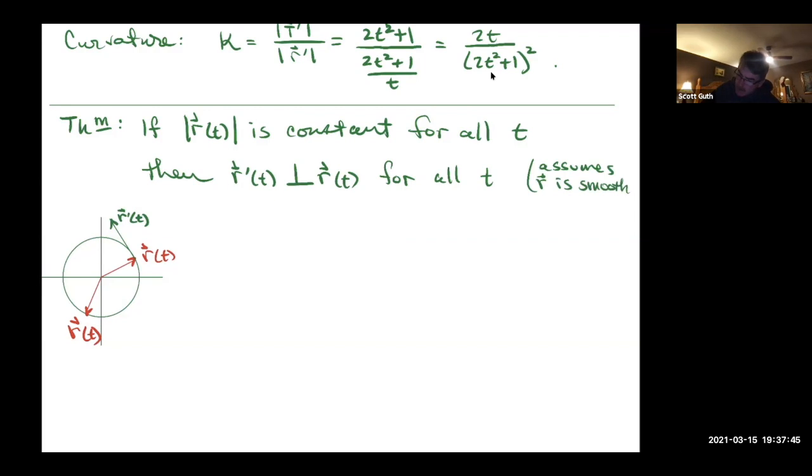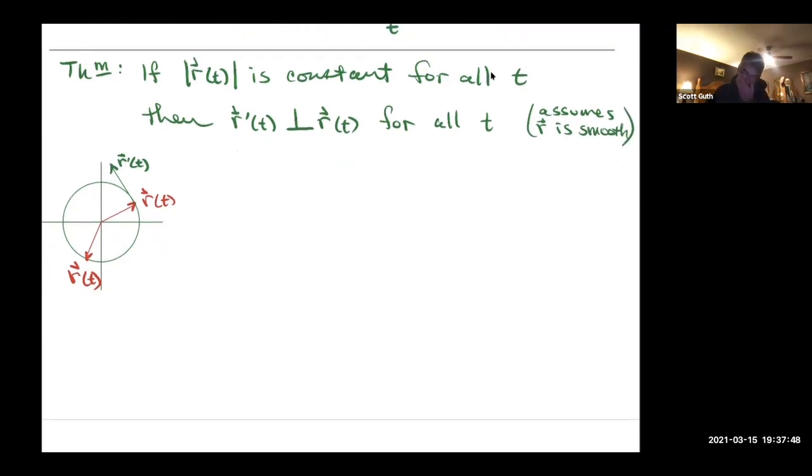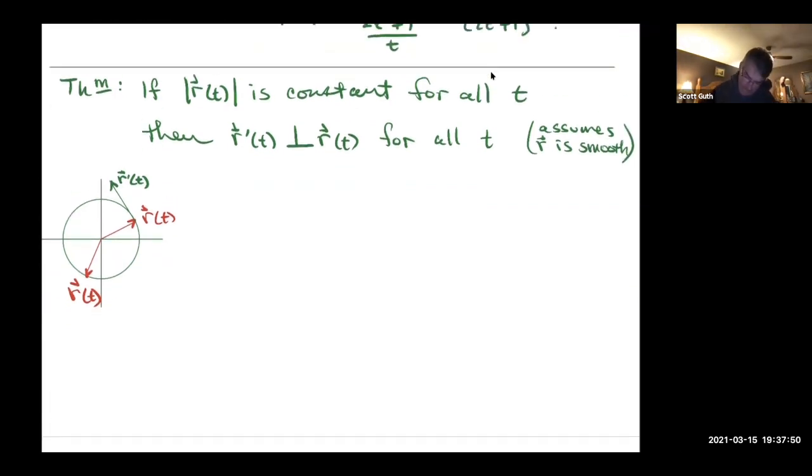Of course, it has to be smooth, but if you're moving on a circle, let's keep going here. The proof is pretty straightforward. Just remember that r dotted with r is the magnitude of r squared.